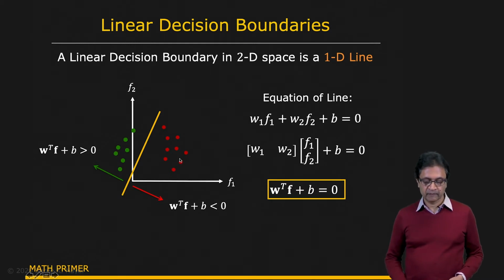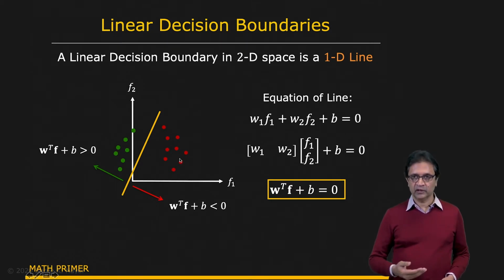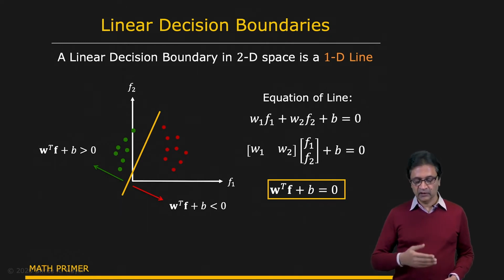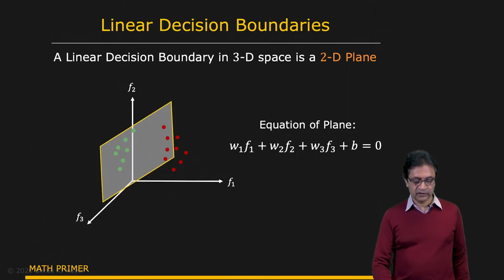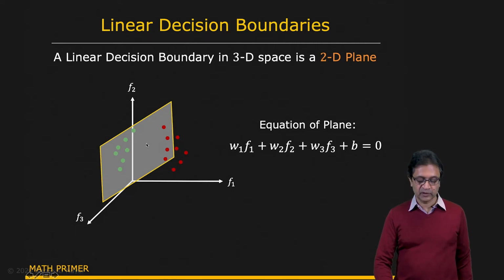Very simple. And now, of course, if you have a feature space which has a higher dimensionality, the same approach applies. If you're in a three-dimensional feature space, then the linear decision boundary would be a 2D plane. So you see this plane that is going between the two clusters in this three-dimensional space.